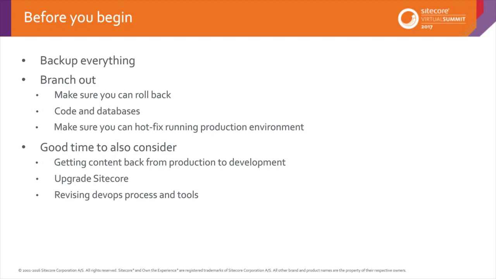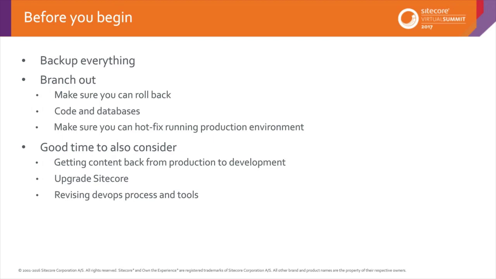It's also a good time to consider upgrading Sitecore to the latest version. Upgrading Sitecore can vary a lot in complexity and in time, so it can also be dangerous to get started on. But to fully benefit from Helix compliancy and all the latest modules and so on, you should be on 8.2 something.